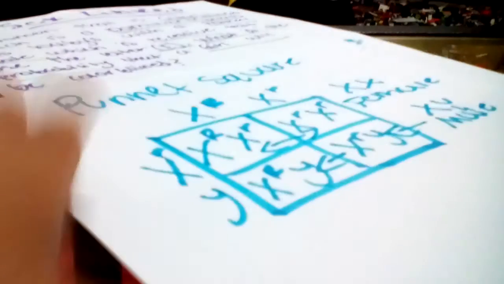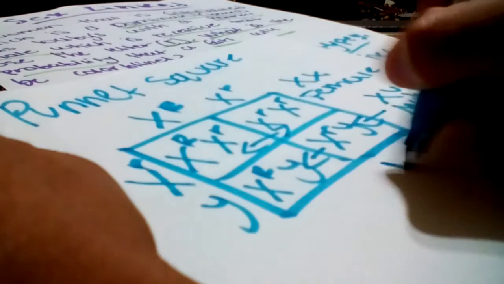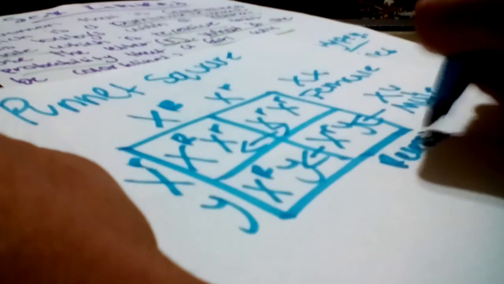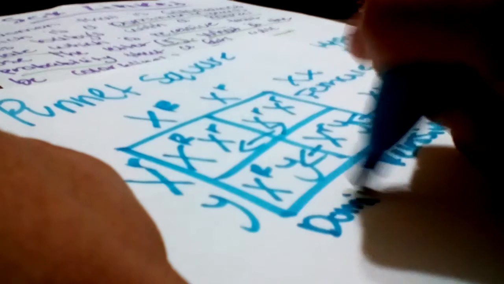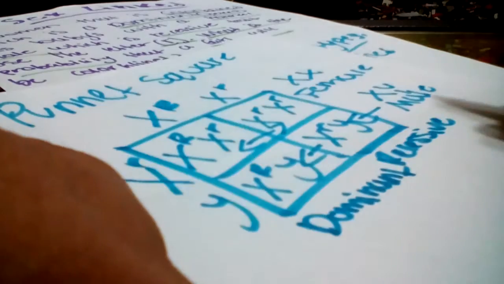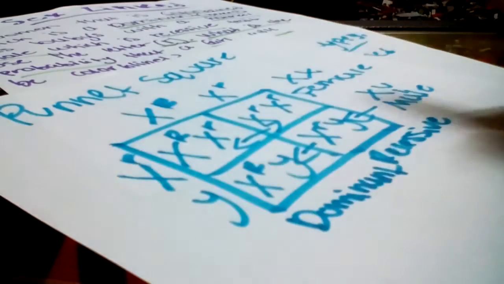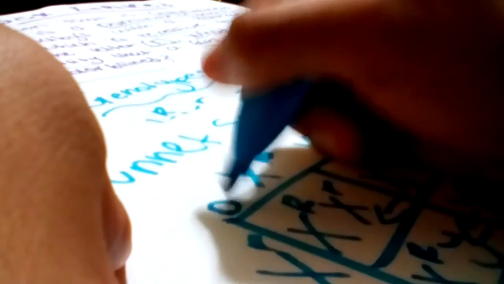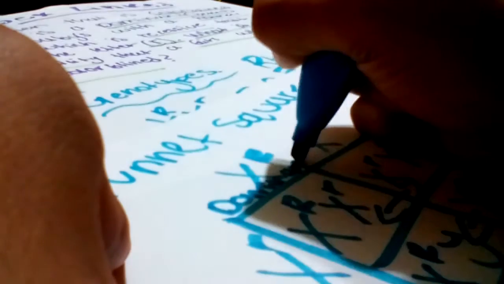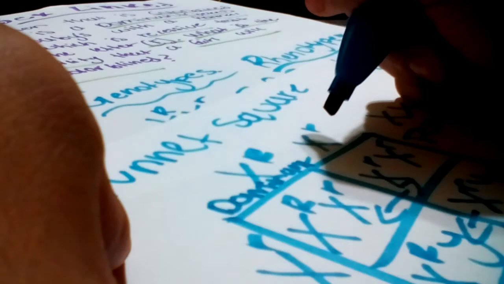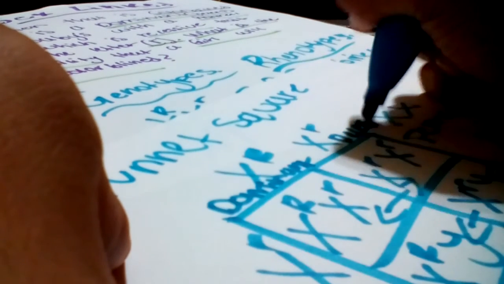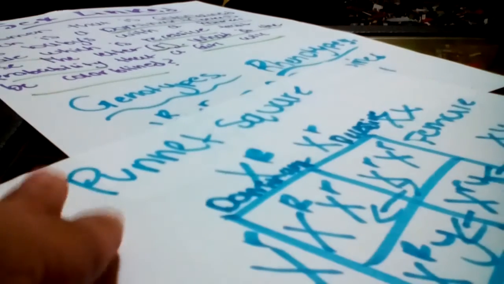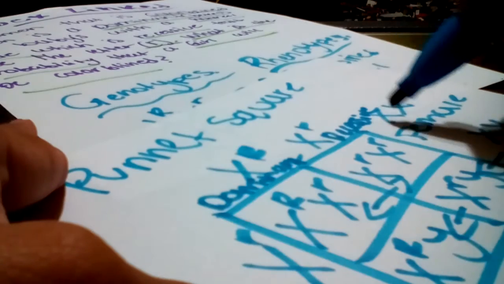This means they have the recessive trait, and this means they have the dominant. But we're trying to find the girls. So this is dominant and this is recessive.